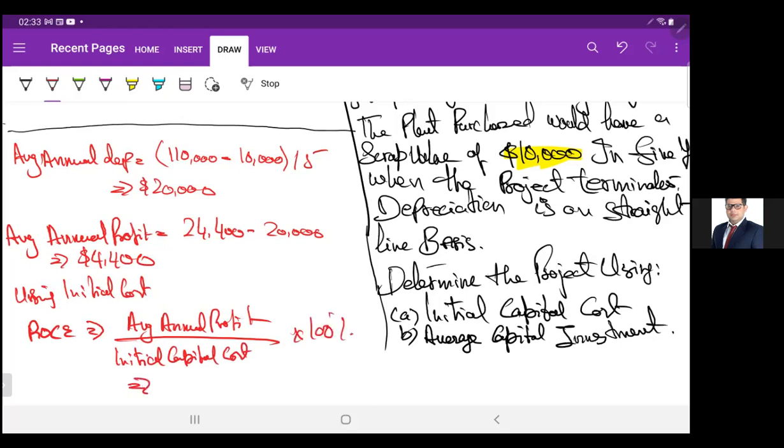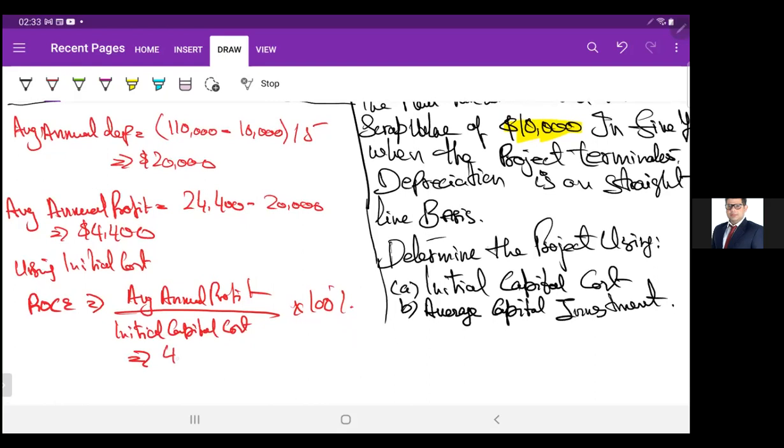We will get 4,400 divided by 110,000, multiplied by 100%, which is 4%.